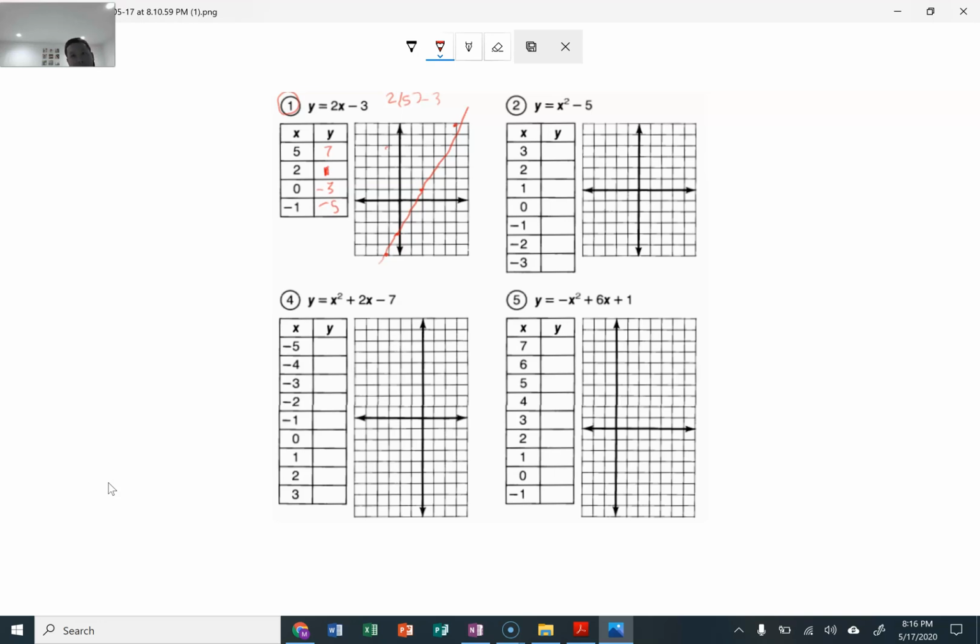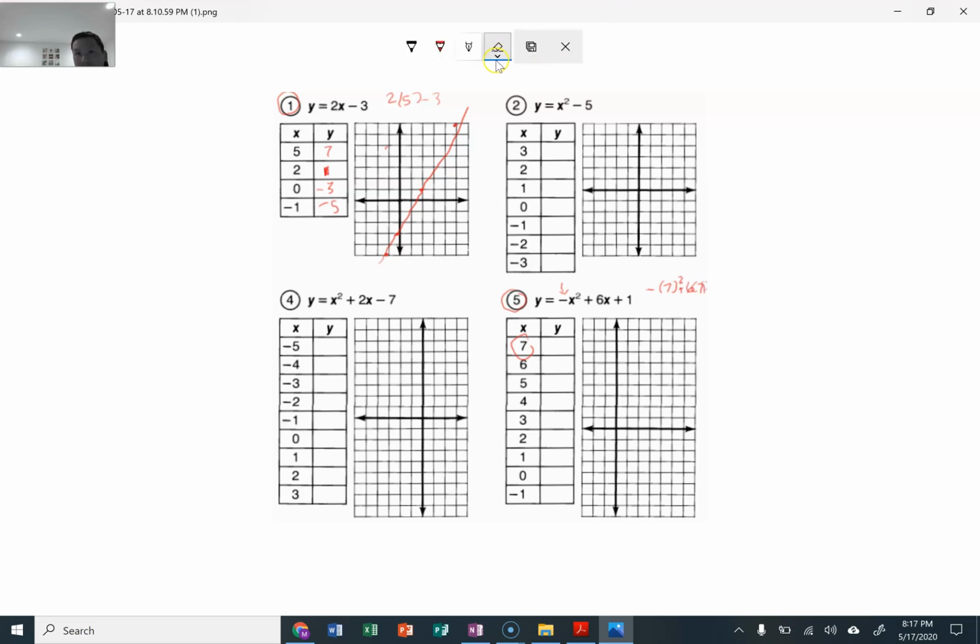Make sure when you're substituting, especially with the negative sign at the start of number 5, that you use parentheses. For example, if I plug in 7, it should look like minus 7 squared, plus 6 times 7, plus 1.